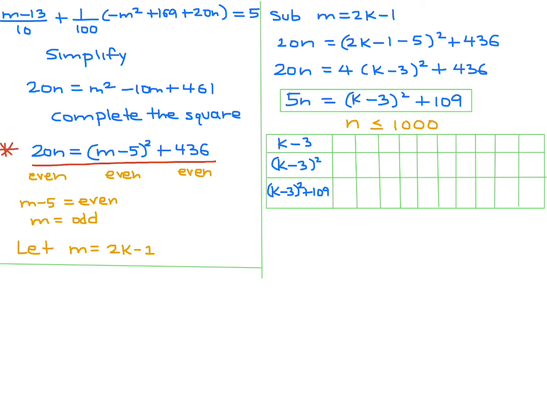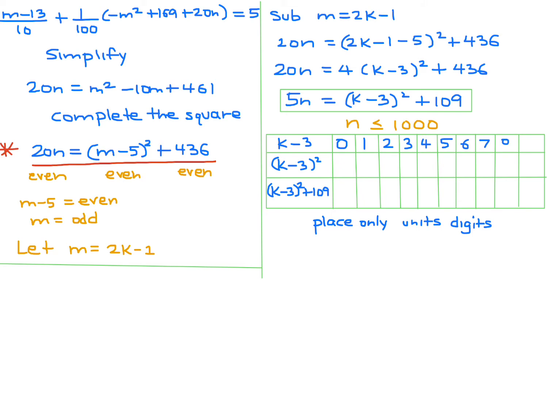All right? So what I'm going to do is place only the units digit into those boxes to figure out what my k can be. Well, k minus 3, whatever it is, has a units digit anywhere from 0 to 9, right?